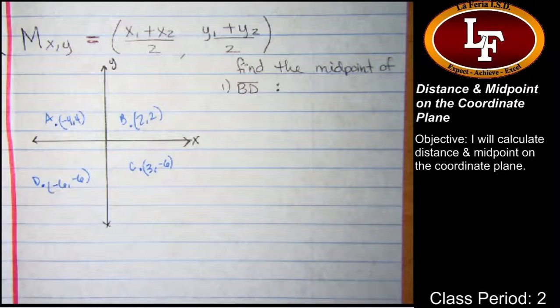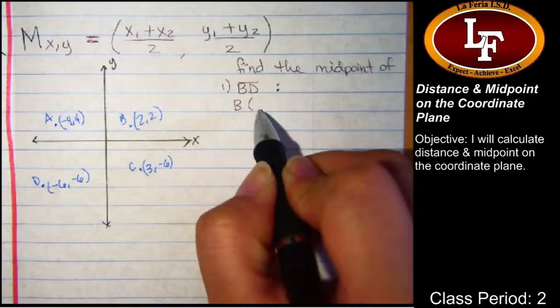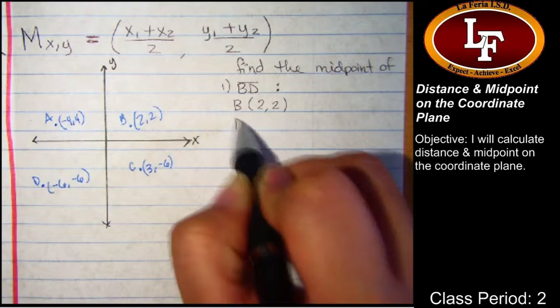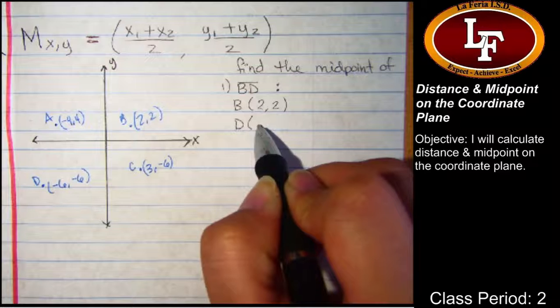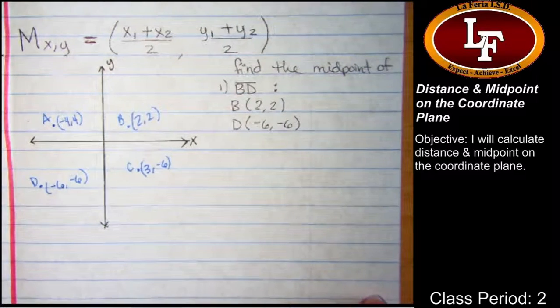So yeah, I like that. Let's go find the coordinates of those points. I think it's X and Y. X and Y, okay. What are the coordinates for B? 2, 2. And the coordinates for D? -6, -6. All right.